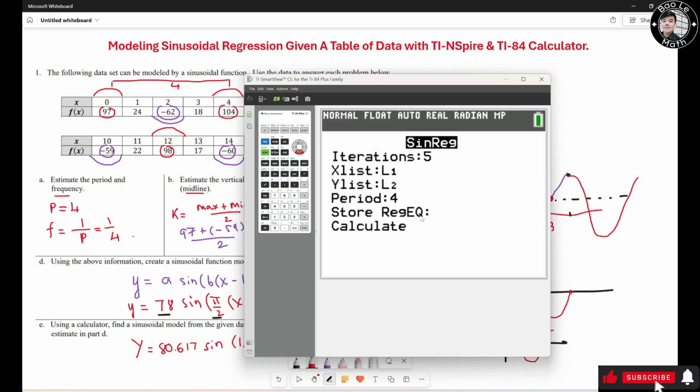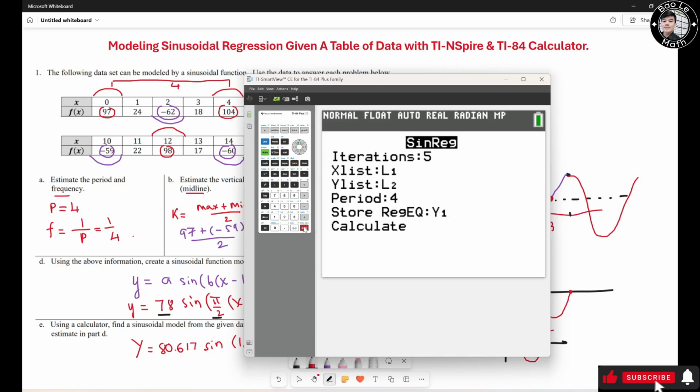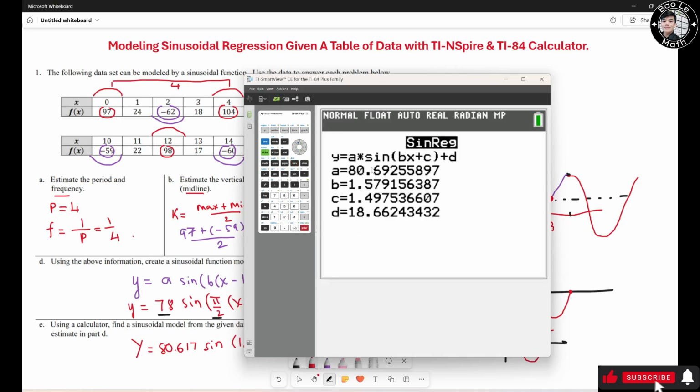Now store regression equation. This is what I strongly recommend you to store, because we may need the equation later, so we don't have to retype it, right? So you just hit vars, Y-vars, function, Y1, and hit calculate, and then this is your equation right here, right?